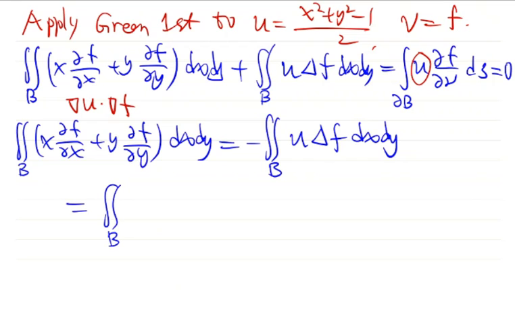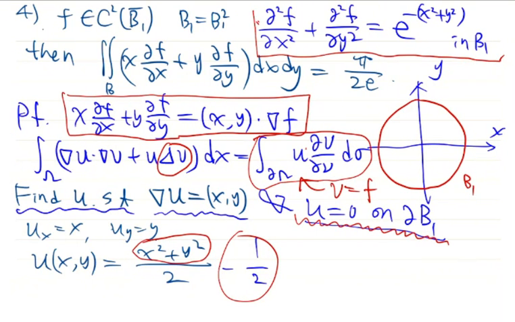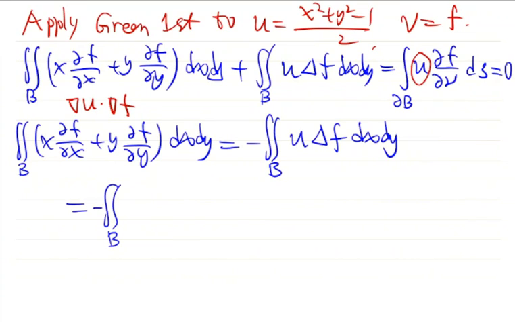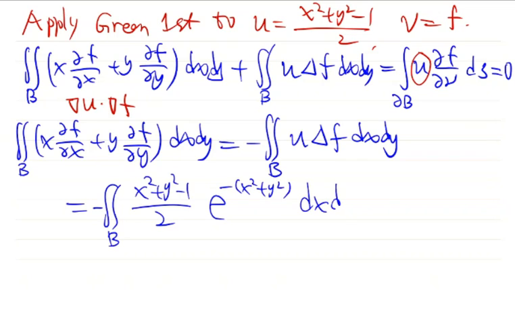Our condition is that Laplacian f is exponential of minus x squared plus y squared. So that is minus the integral of u, which is a half of x squared plus y squared minus 1, times Laplacian f, which is exponential of minus x squared plus y squared, dx dy. Of course, this integral is easy to compute because B is the unit disk.